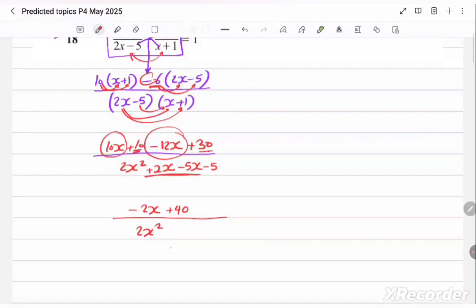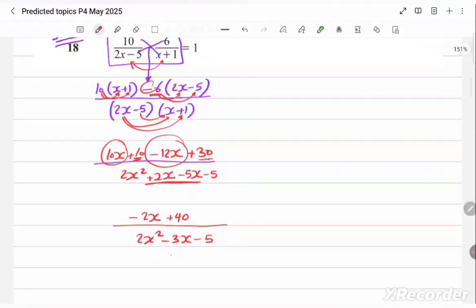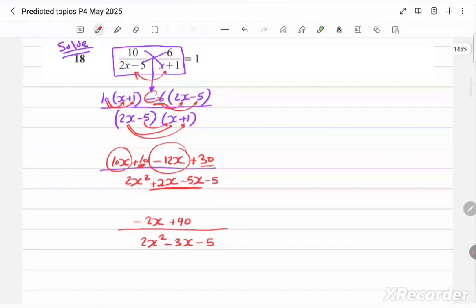So we have 2x squared minus 3x minus 5. Since we now have one single fraction, this could be one separate quotient. But in this case, since we have it equal to 1 on the other side, we need to continue to solve this equation. How to do that?